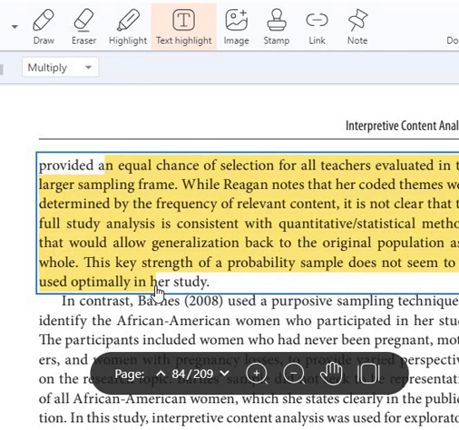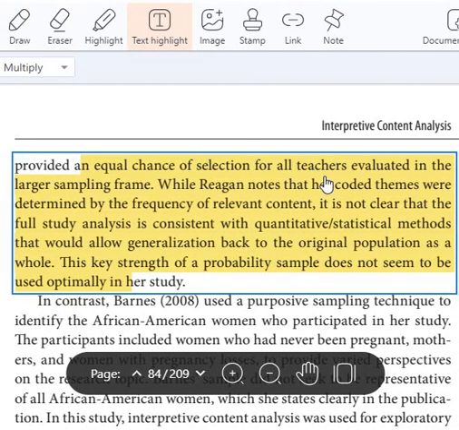That's why it is important also to state that we can generalize results here in the probability sampling methods. So it provided an equal chance of selection for all teachers evaluated in the larger sampling frame.